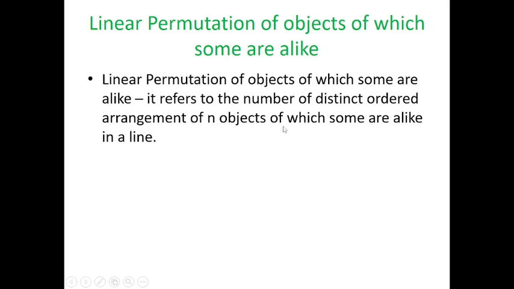In other words, when we talk about linear permutation of objects, the number of different ordered arrangements of n objects of which some are alike in a line is considered.